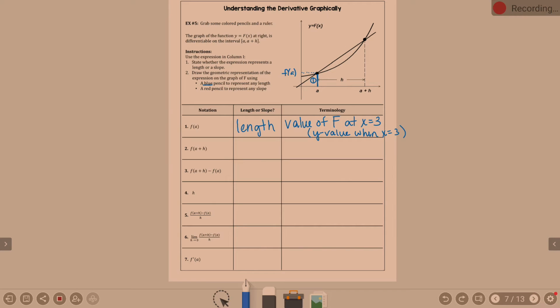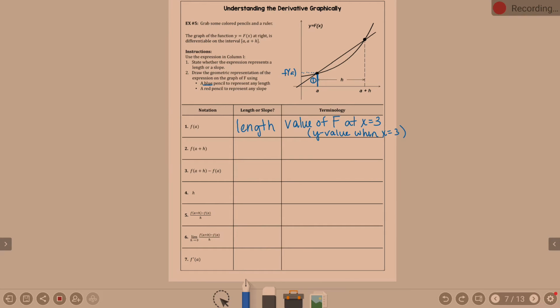When you're ready, start thinking about f of a plus h. You don't have to go to length or slope yet, but just what does f of a plus h represent? If here's a, and f of a is the y value, or the height when x is a, what's over here?